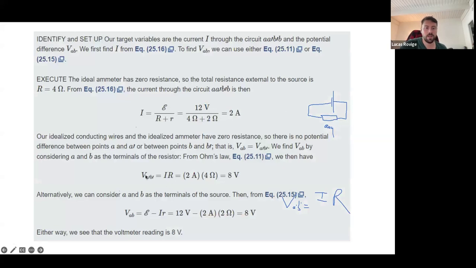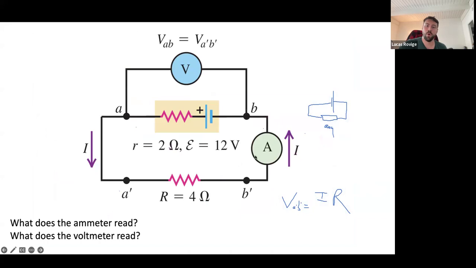And so if we do that, we get 8 volts here between A prime and B prime. And now if we get the voltage at A and B, first we could assume, since the ammeter is supposed to have zero resistance because otherwise it would mess with the circuit.